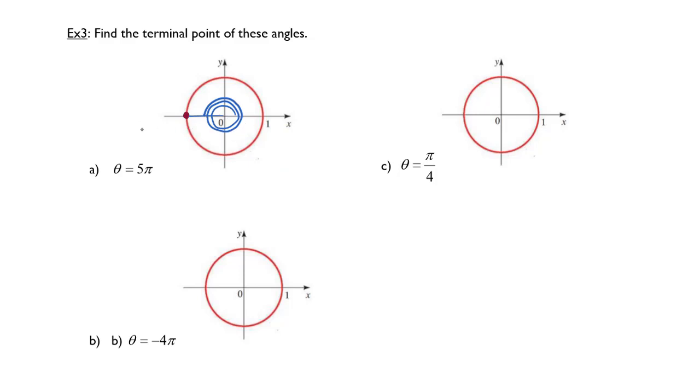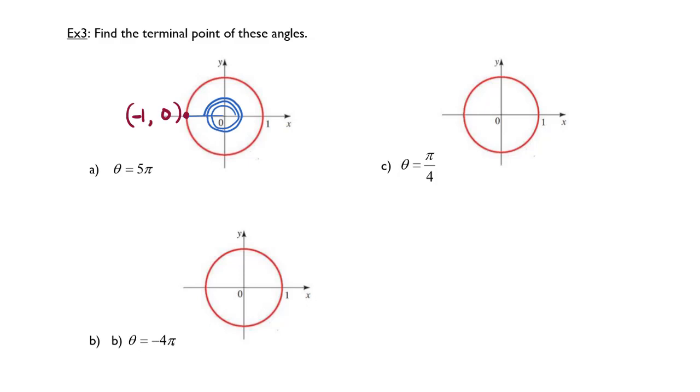That terminal point is the point -1, 0. So I rotated around 5 pi, I drew my terminal ray or terminal side, and then I extended it out to 1 unit, and then I found the coordinate point for that location.